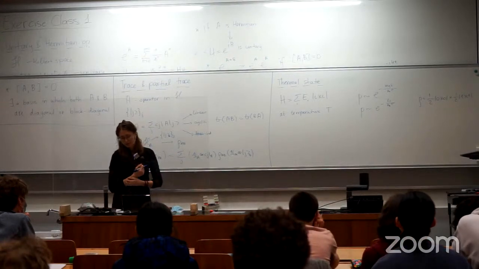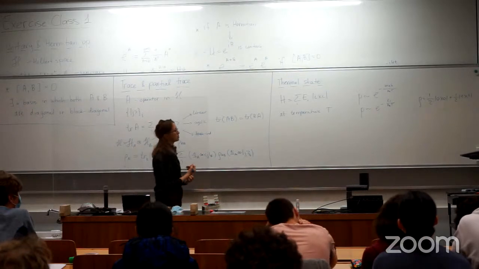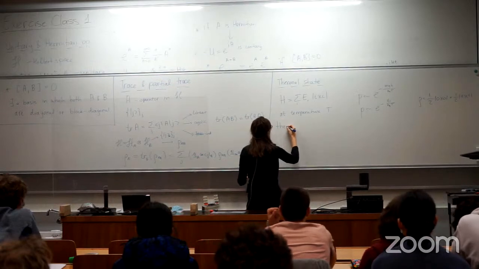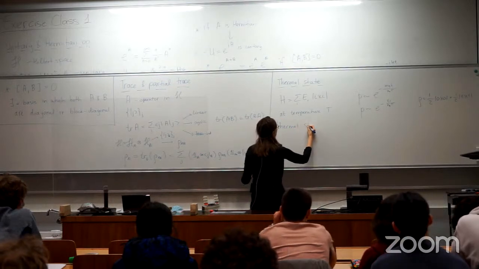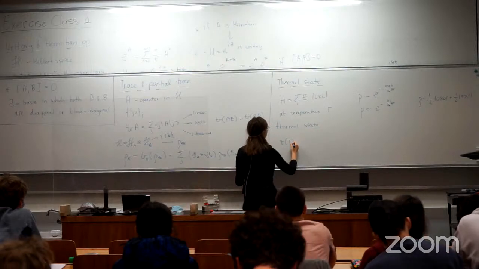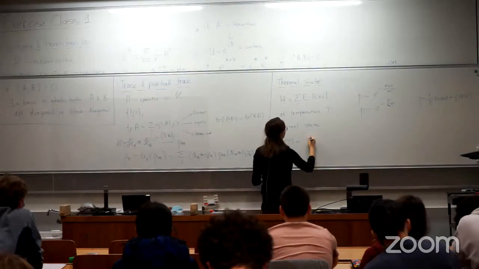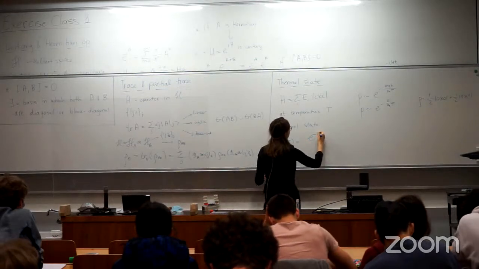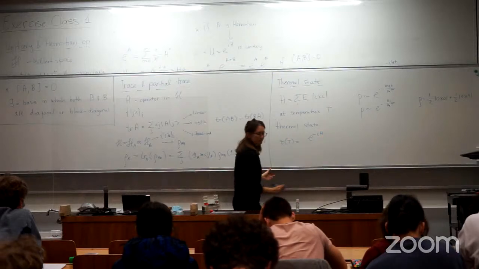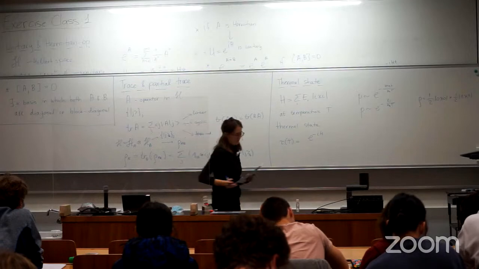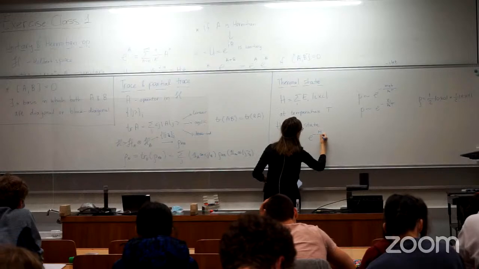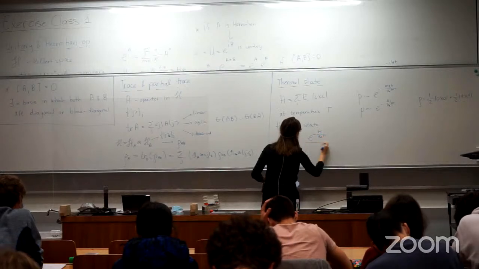And this is the thermal state, which we call tau_T, which is e to the power minus H over k_B T, over the partition function Z.